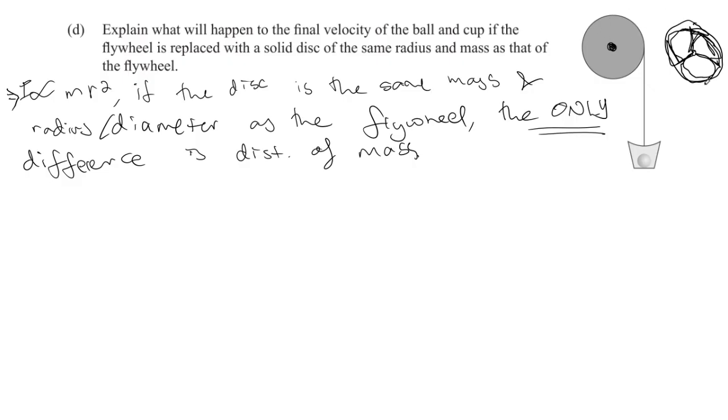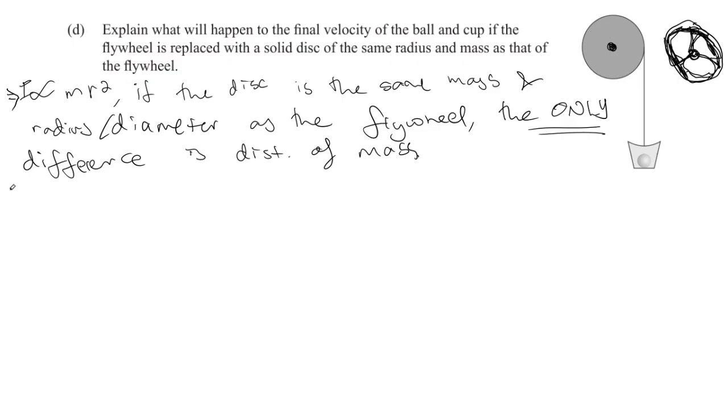In this flywheel, all of the mass is concentrated on the outside, really far from the axis of rotation. So in the disk, the mass is actually on average distributed closer to the axis of rotation.